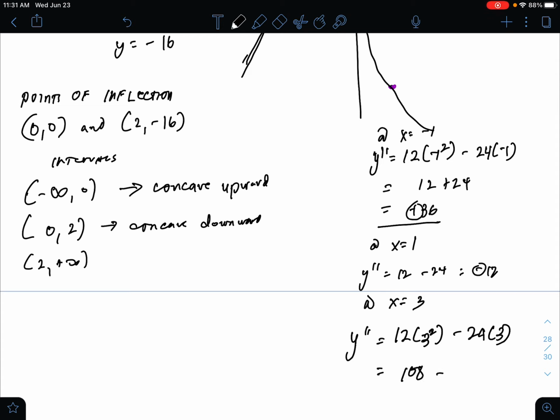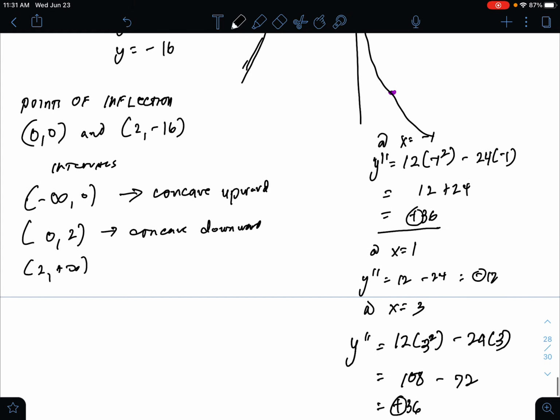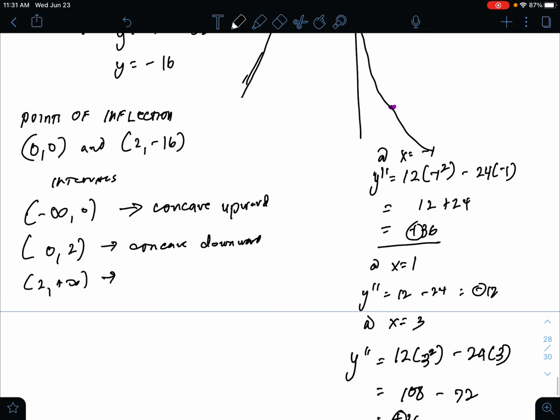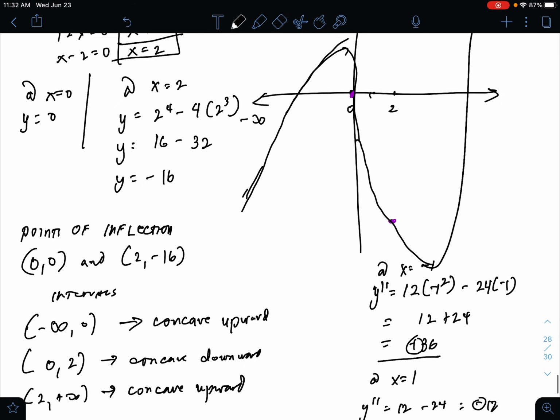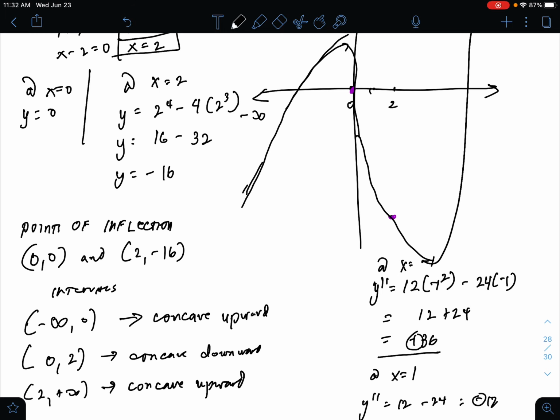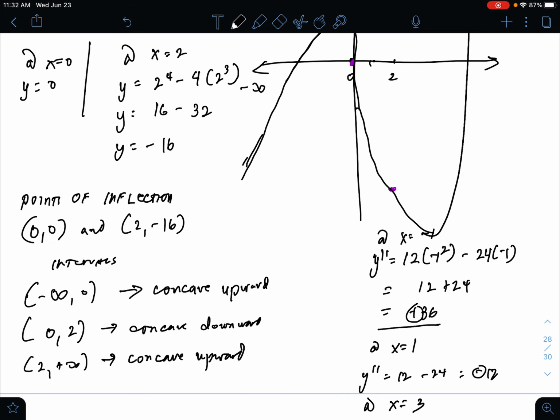Minus 24 times 3, 72. So, 108 minus 72, positive 36. So, this now would be concave upward. Therefore, these are your answers.